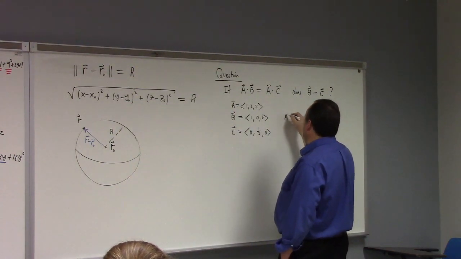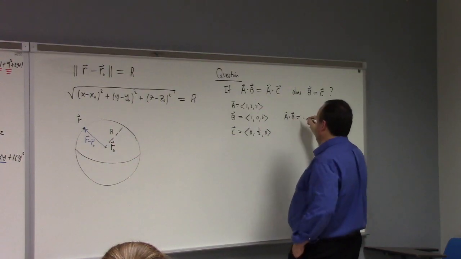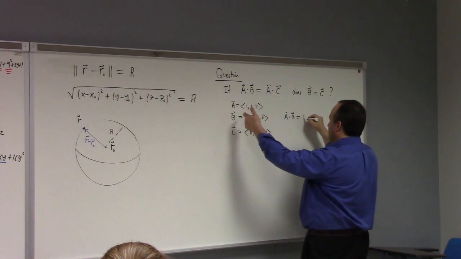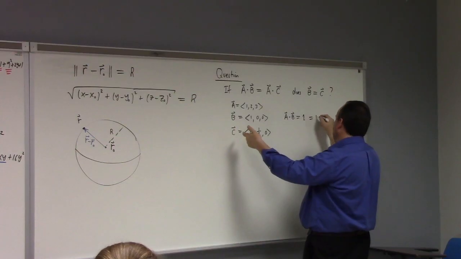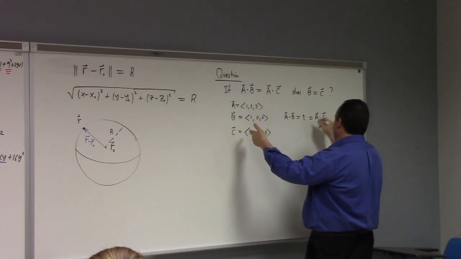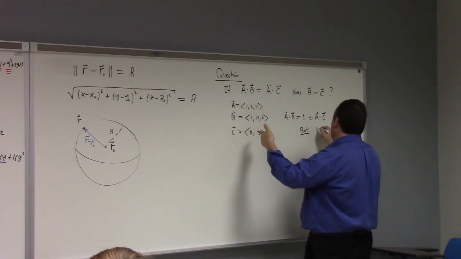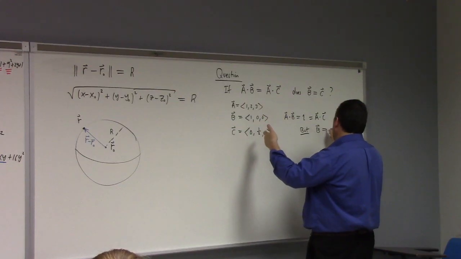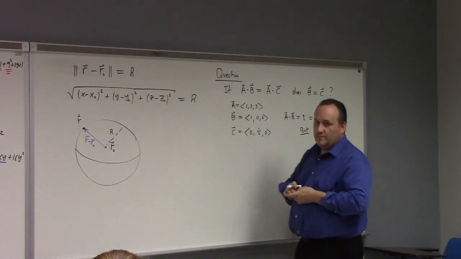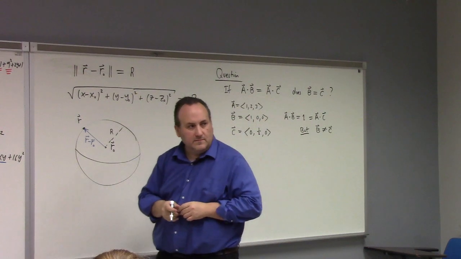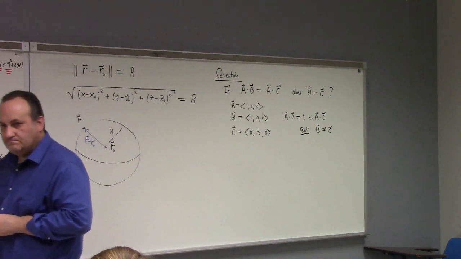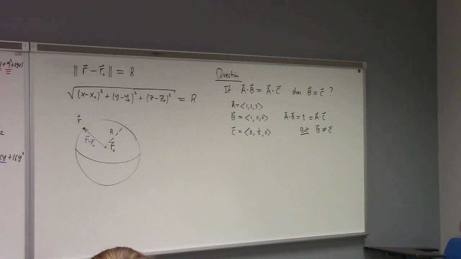Then we'd have A dot B equals 1, which is also equal to A dot C, right? But B is clearly not equal to C. So can we cancel vectors off dot products? No. Not if we know a single dot product.